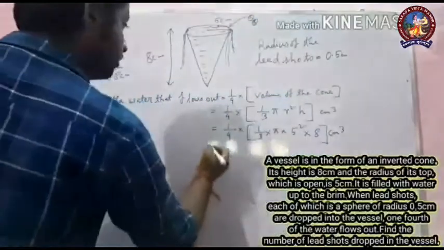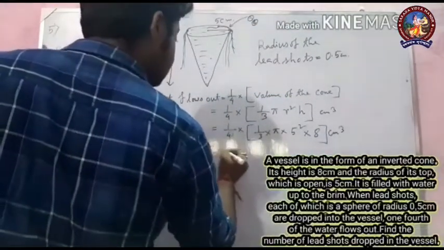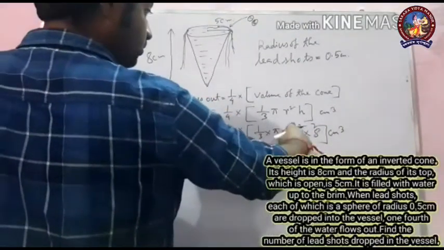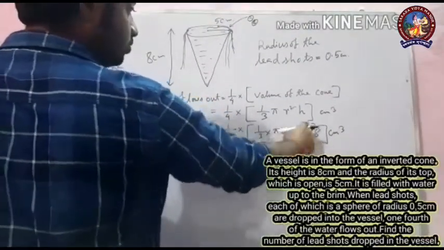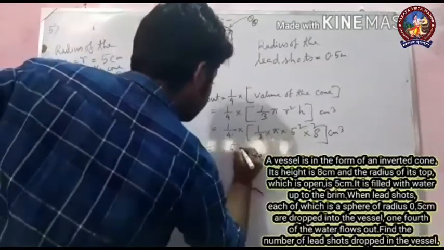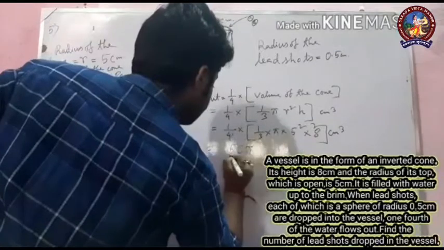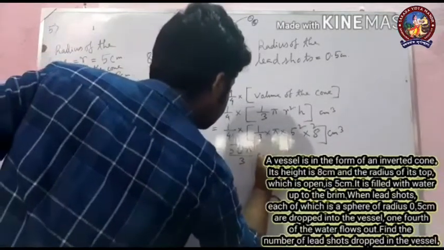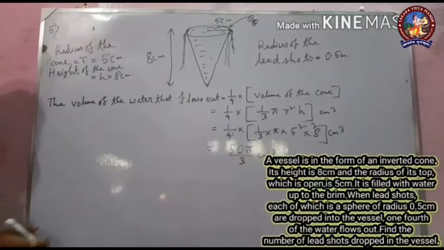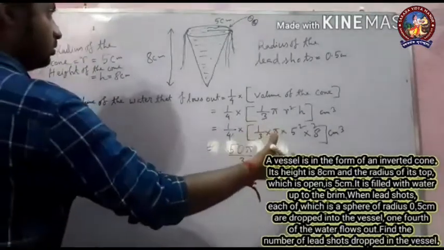So this is 5 square is 25, into 8, that is 50 pi by 3. This is the volume of the water that flows out.